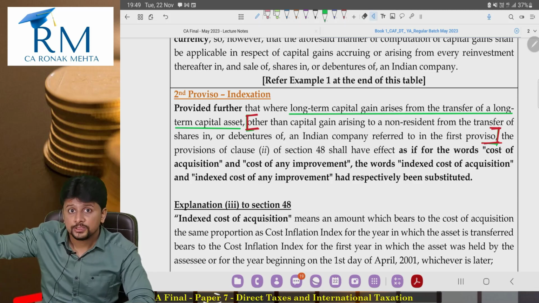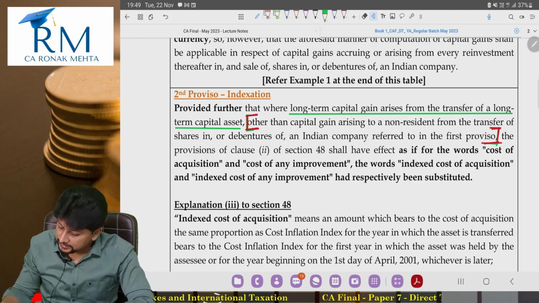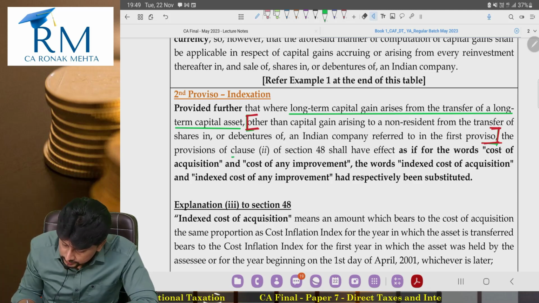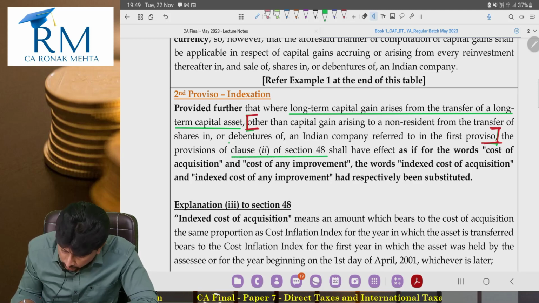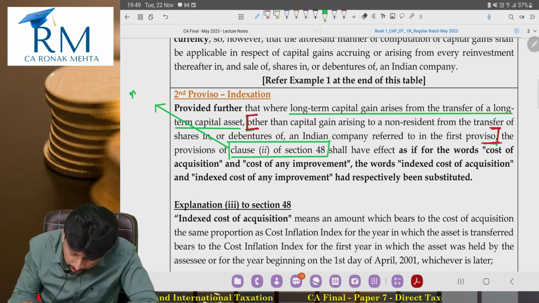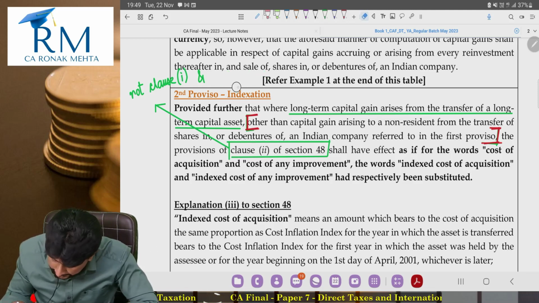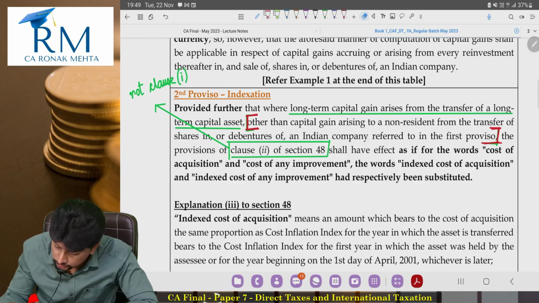where long-term capital gain arises from the transfer of a long-term capital asset, the provisions of clause number 2 of section 48. Remember, only clause number 2 is what I am talking about. I am not talking about clause 1 and I am not talking about clause number 3.